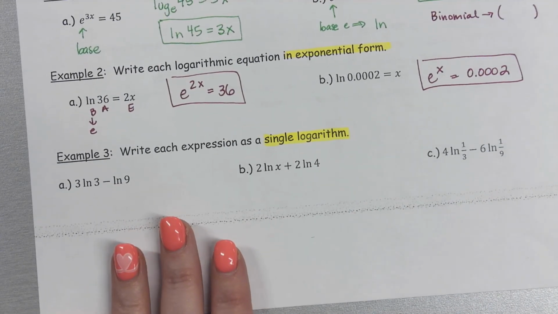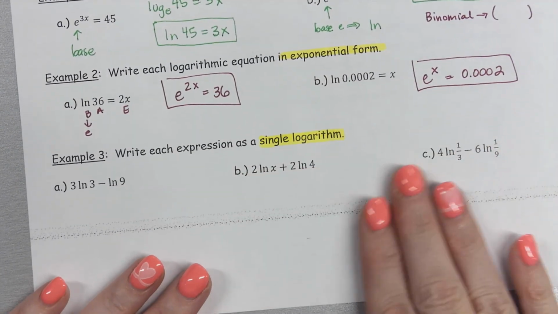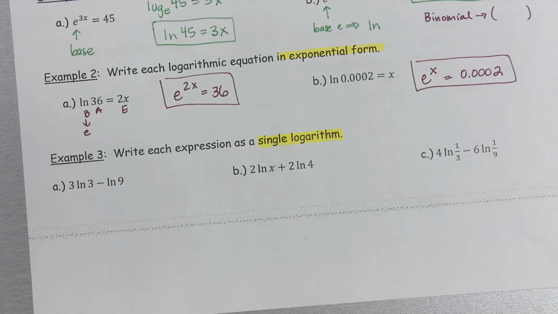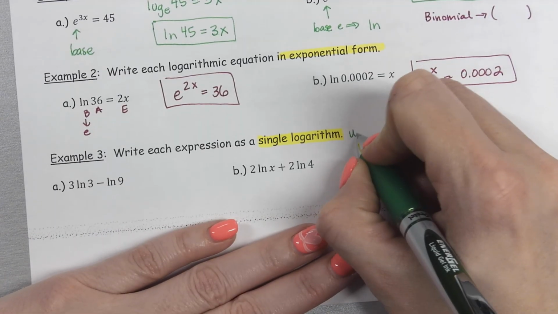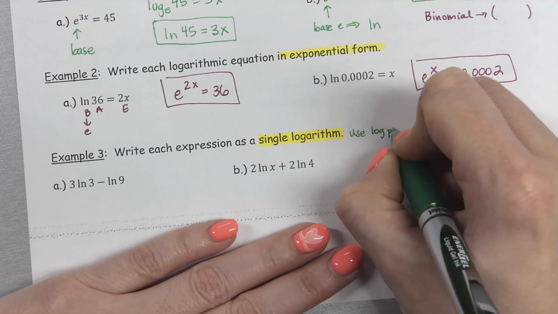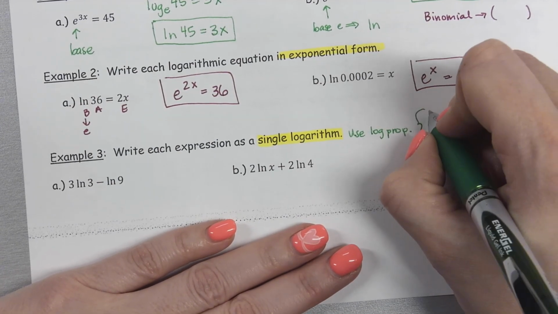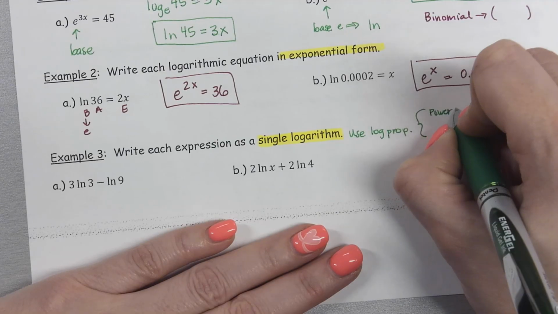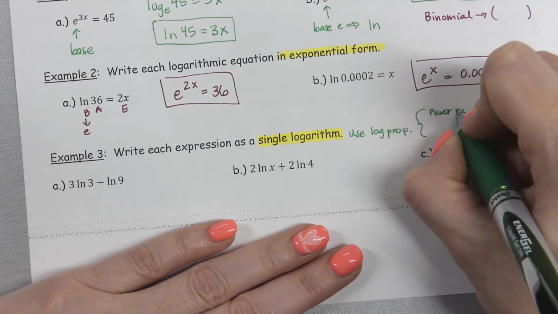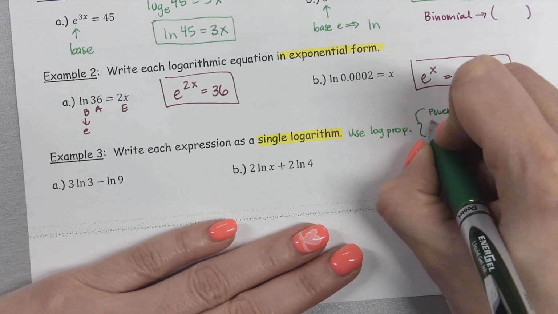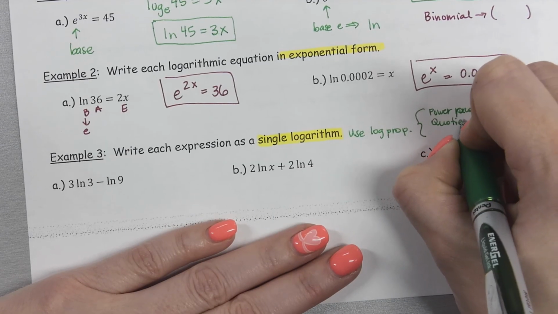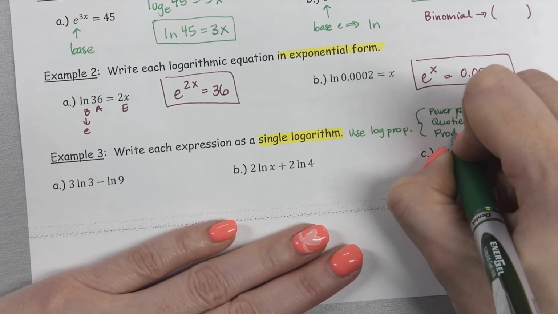To write each of these, we are going to use our log properties. We have the power rule or power property, the quotient, and the product.